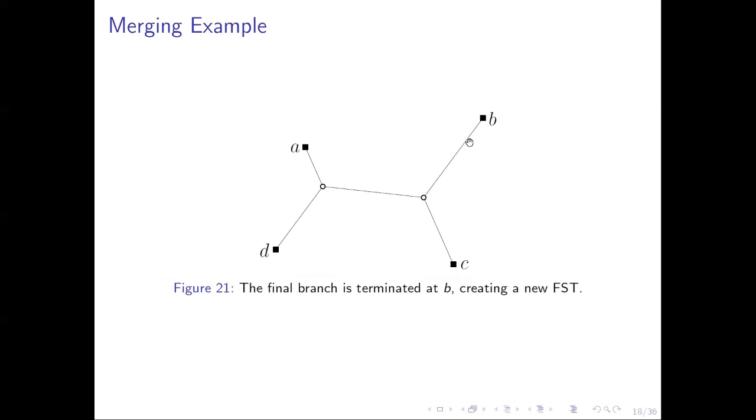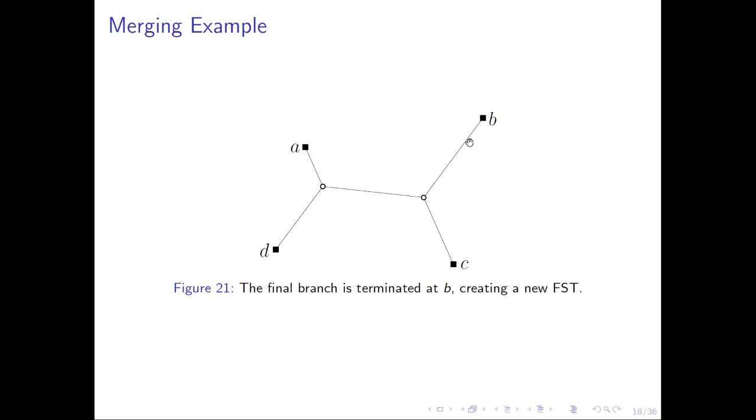So that's the basic idea. That's how FSTs are generated. The important thing to note is that it's an iterative process. Every time you do a merge, you create a single 3 Steiner point, and you do it at every iteration until you generate an FST.